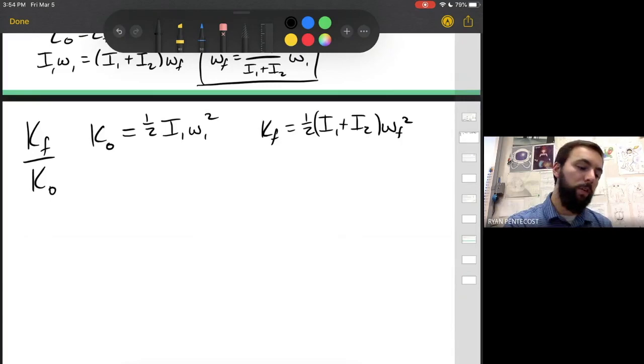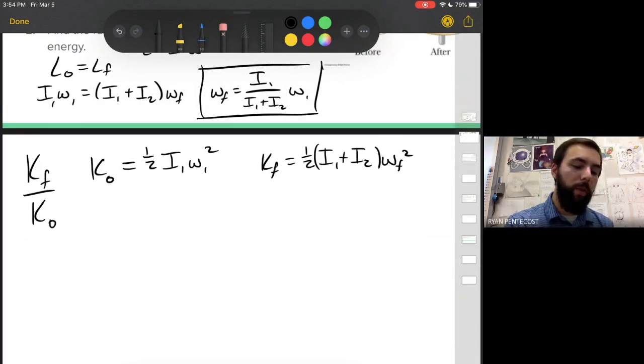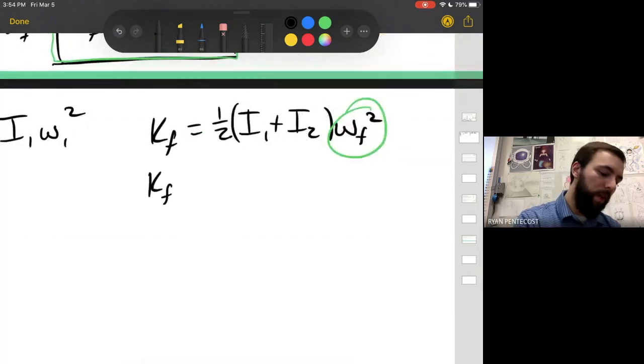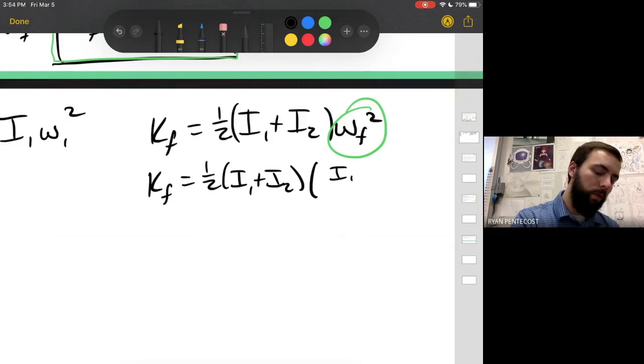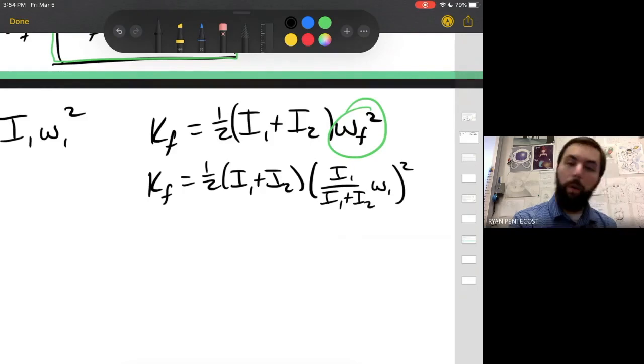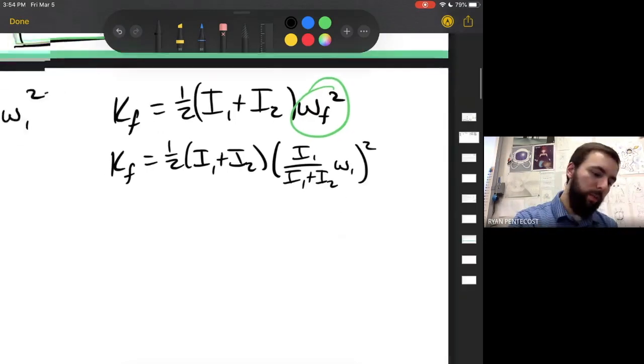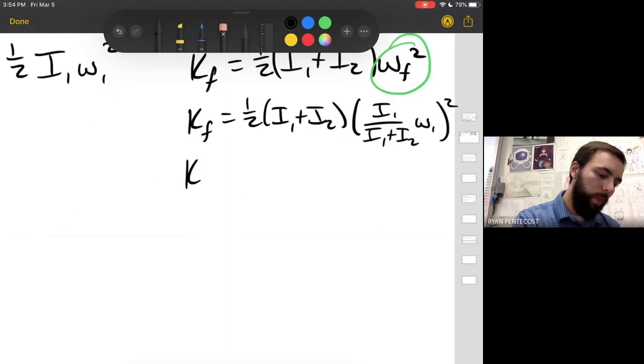But we did just get an expression for omega final, so we can take this expression, put it in right there, and square it. So this then says that K final is 1/2 times the sum of moments of inertia, times I1 over the sum of moments of inertia, times omega 1, all squared. To simplify that, this is 1/2 times I1 plus I2.